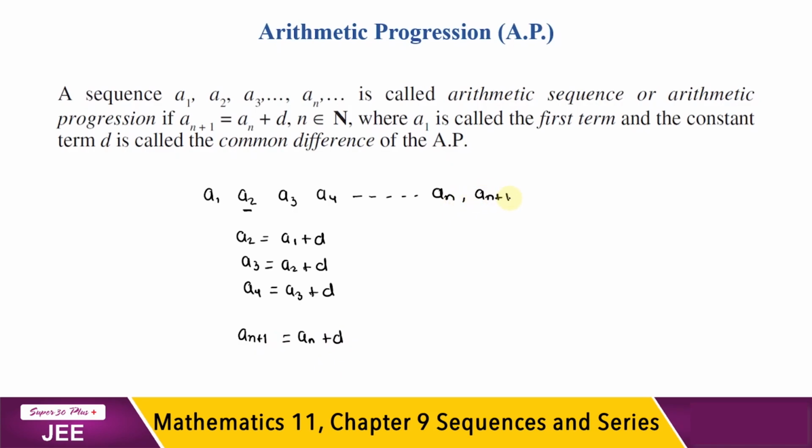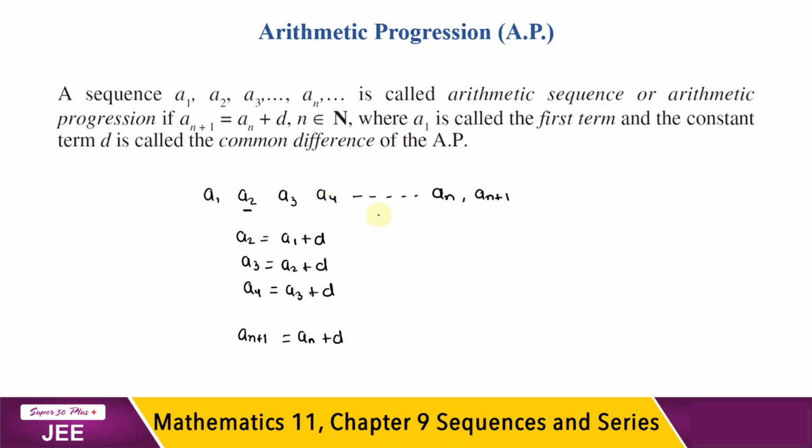So we can say that each successive term is obtained by adding a constant or a fixed number to the preceding term. If I add d to the first term, I get the second term. If I add d to the second term, we get the third term. If we add d to the third term, we get the fourth term and so on.